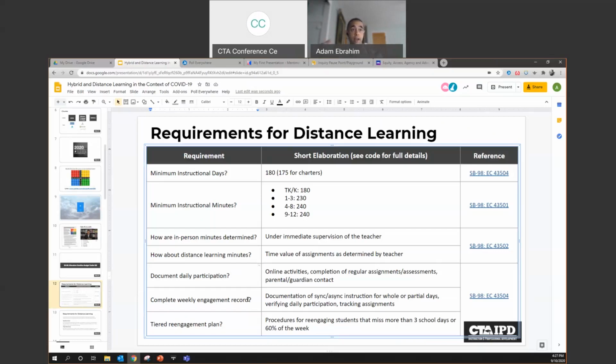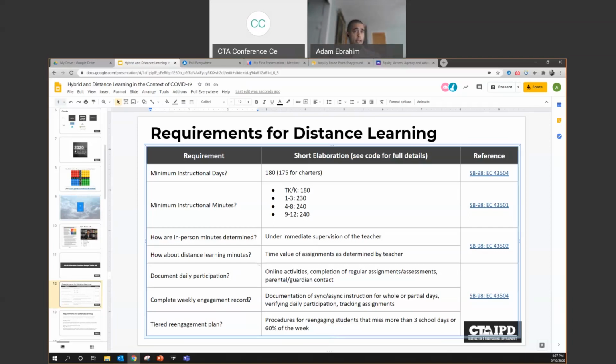Well, we might not remember black screens, everybody on mute. That might happen. So the degree to which you're completing regular assignments, assessments, and then the degree to which parents are in contact or employees of the district have contacted staff, not necessarily the teacher, need not just be the teacher. And then there's the weekly engagement piece.